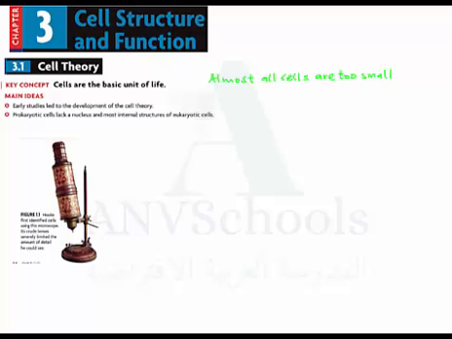The early scientists had a challenge of discovering these cells, and they had to go through a lot. The first and most important thing was to come up with lenses.